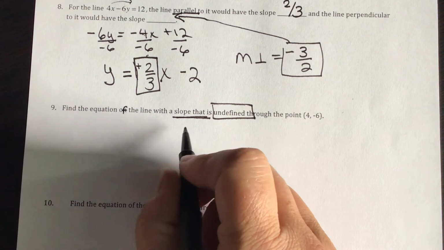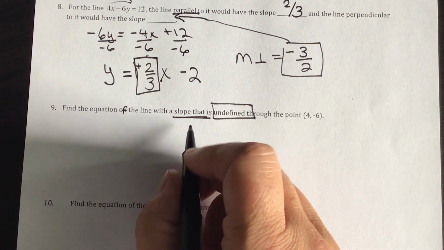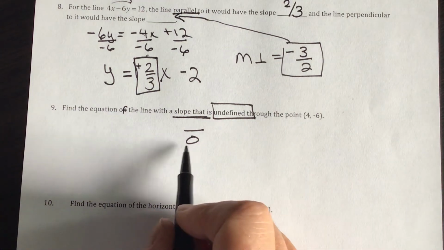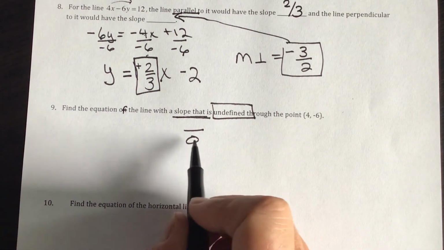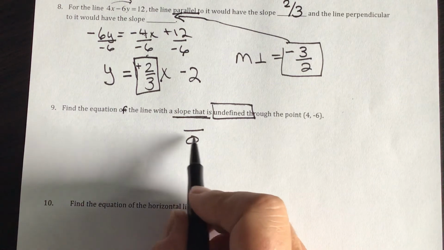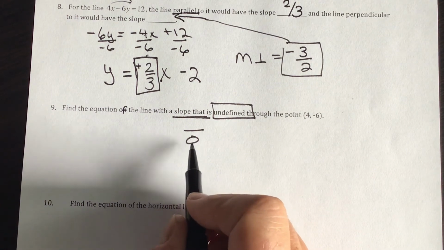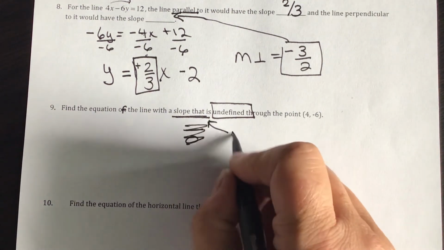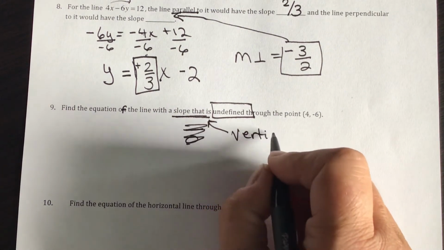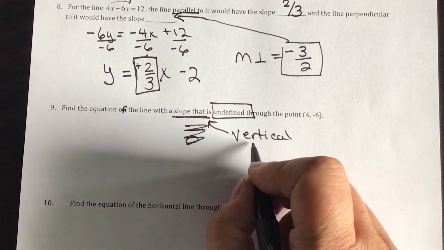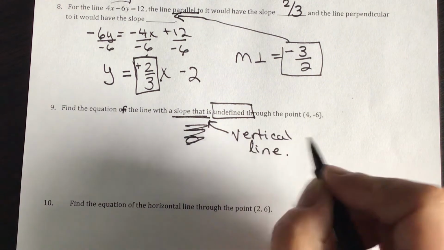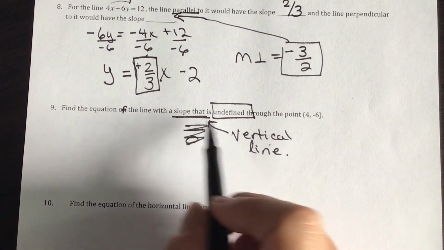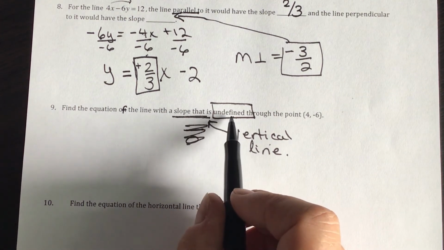If you remember, that means you can't have a 0 on the bottom, and it's the x-coordinates that are the same that gives us an x value on the bottom. So this actually is a vertical line. And remember, vertical line, you can't walk up the wall, so your slope is going to be undefined.